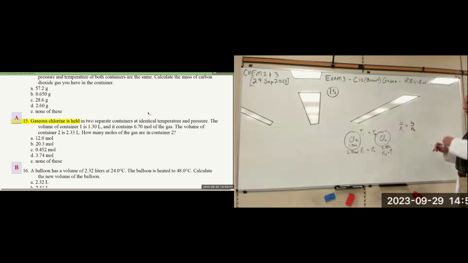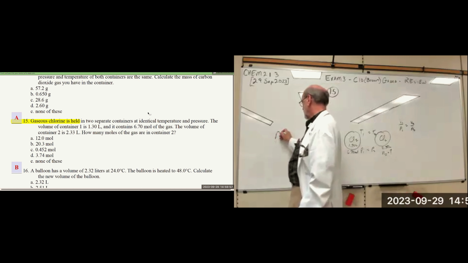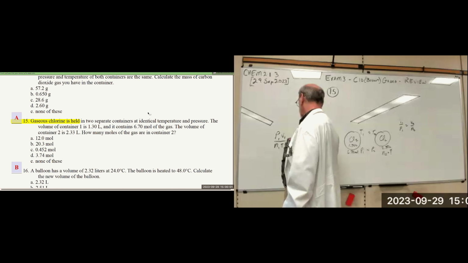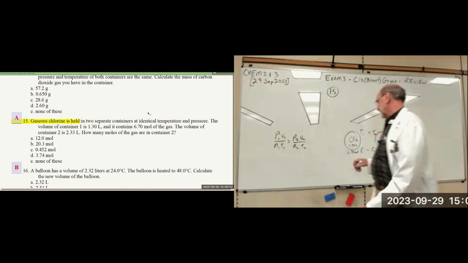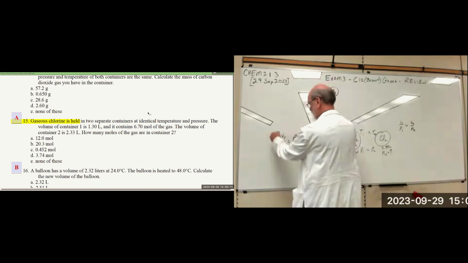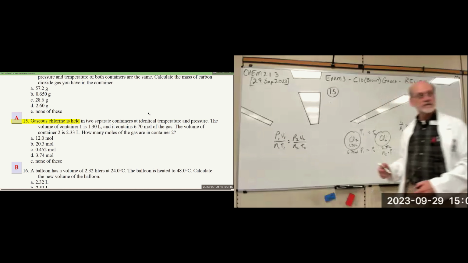Now, if you have trouble remembering that one, just remember the combined law. P1 V1 over N1 T1 equals P2 V2 over N2 T2. And then if you hold the pressure and temperature constant, pressure goes away, temperature goes away, and you're left with volume over moles, volume over moles.